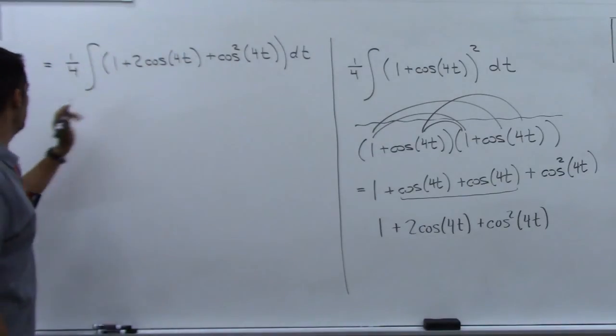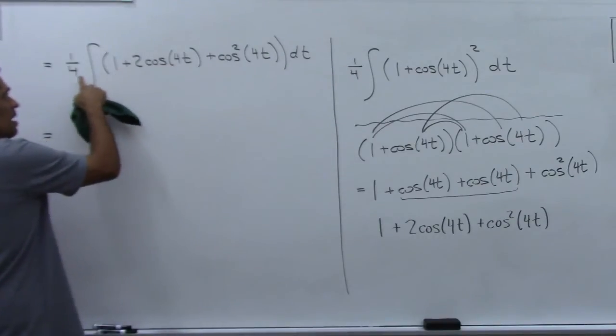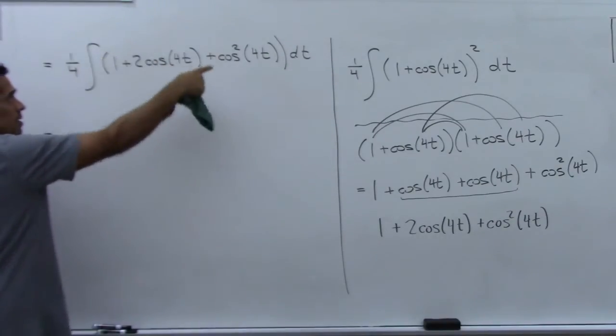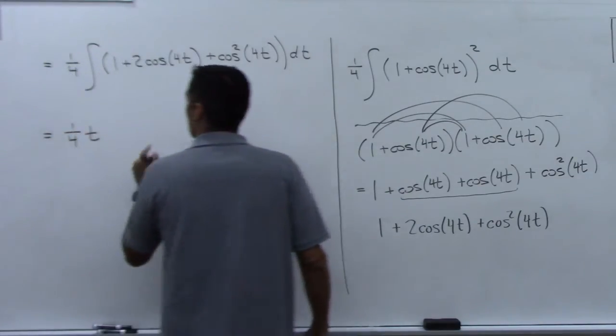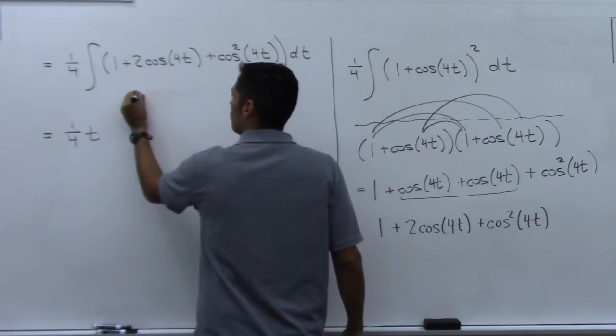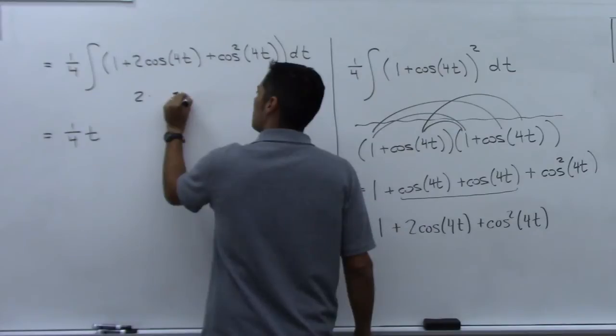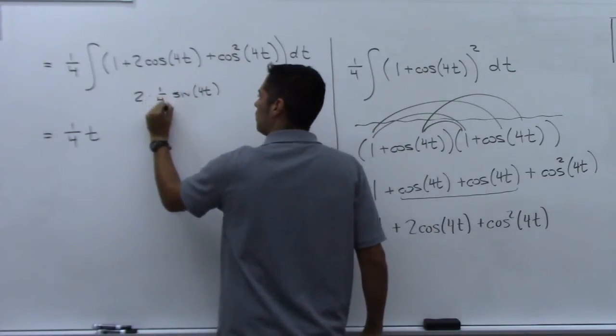I'm actually going to find the antiderivative here. The antiderivative of 1 we said was t, but then times 1/4, because that 1/4 goes to all of these, right? So I have 1/4 t, no more integral sign there. Then the antiderivative of this one, let me just jot it down. I have a 2. The antiderivative of cosine is sine of 4t here, but then I have to scale by 1 over a, right?